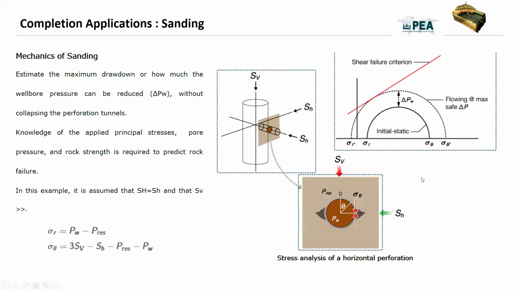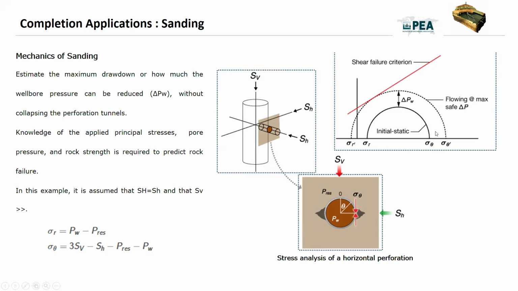Because of the economic impact of an incorrect completion decision, rigorous numerical analysis is used to estimate the differential drawdown pressure. The objective is predicting the solid production to estimate the maximum drawdown, or how much the wellbore pressure can be reduced, delta P, the drawdown, without collapsing the perforation and without reaching the shear failure criterion.